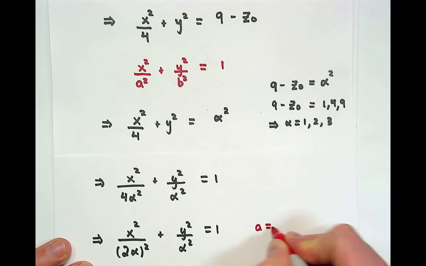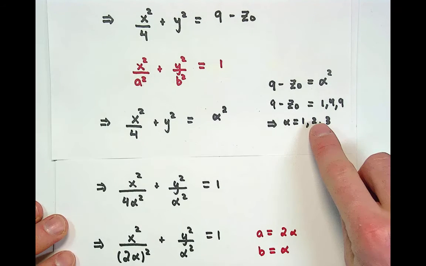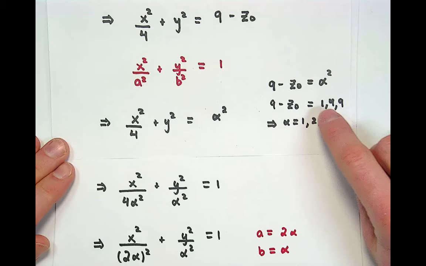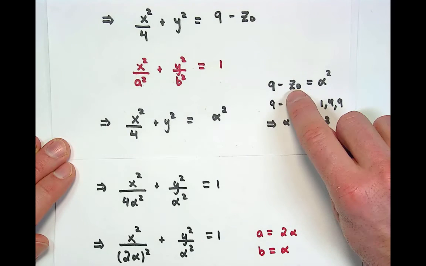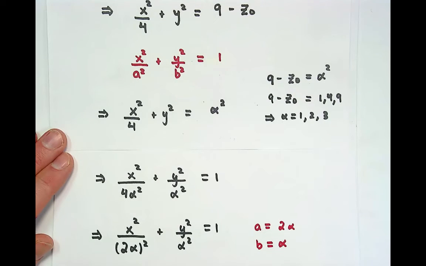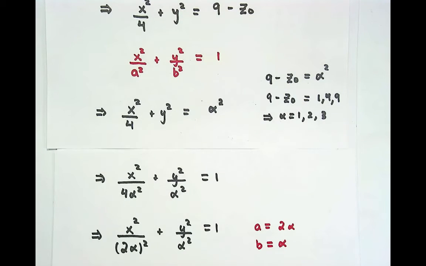And here the x semi-axis would be 2 alpha, the y semi-axis would be alpha. And what's really fun about this is I can actually solve for these perfect squares. If I assume the output of this is a perfect square, that allows me to get a perfect square root, so to speak, an integer-valued square root in the denominators here. And I can solve for what z must be, right?